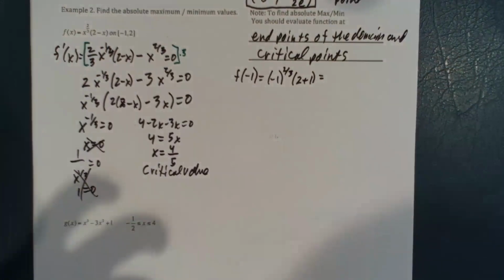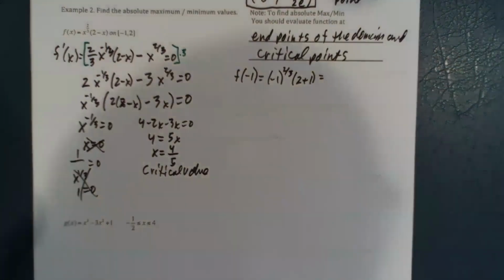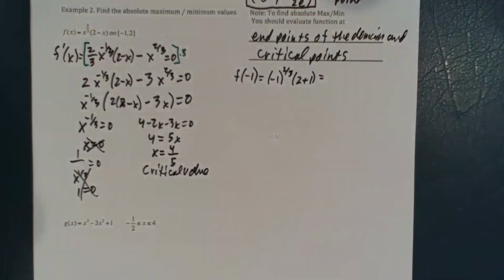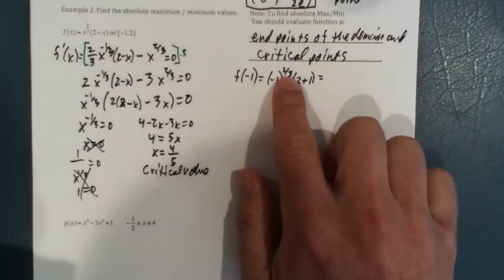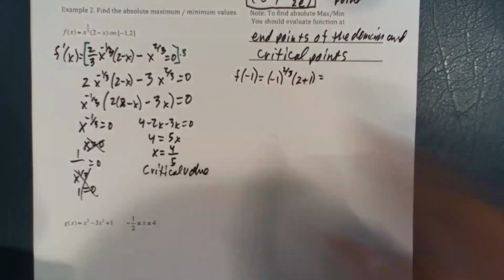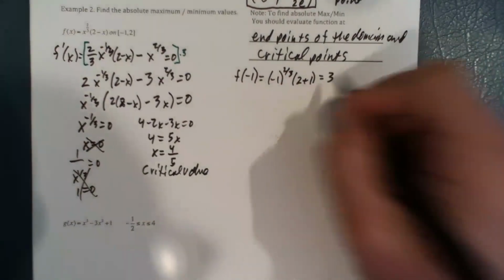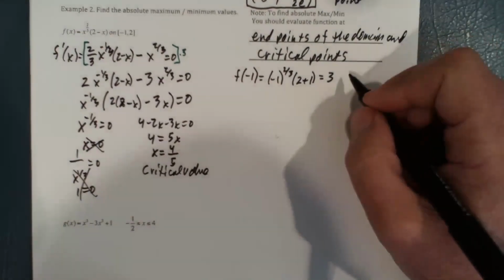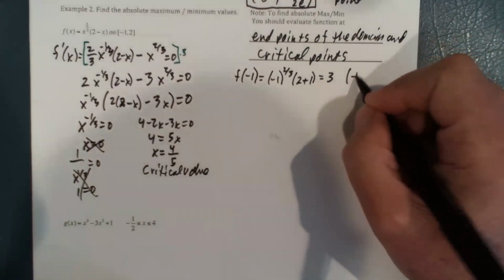Let me show you just real quick. -1 to the 2/3 becomes -1 squared, which is +1, and then 1 to any power is always 1. So that's going to be 1 times 3, which is just 3. Meaning my point here is going to be -1, 3.